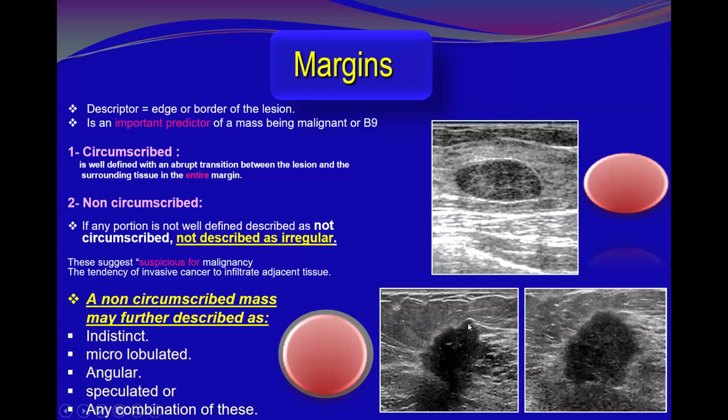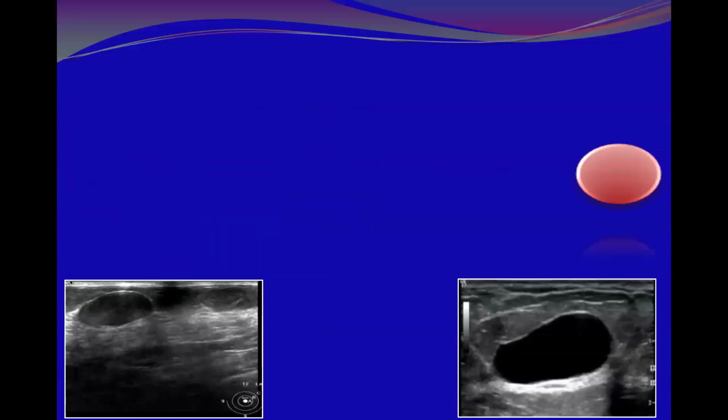But here, we can see a transitional zone between the lesion and the adjacent tissue, as seen in these illustrations. And we should not describe the non-circumscribed margin as irregular margin, because the irregular descriptor of a shape should not be used instead for non-circumscribed margins.